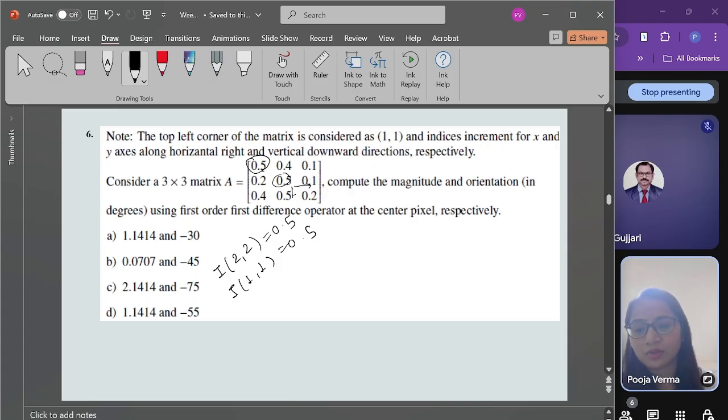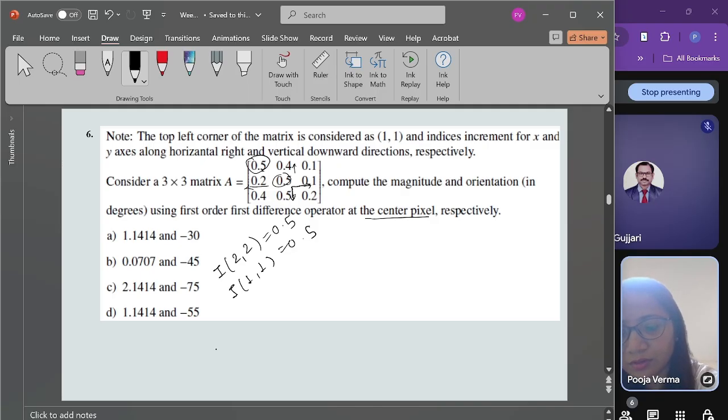So let's calculate. Here we have to calculate the difference at the center pixel, that means the horizontal right and left directions, and the upward and downward directions.